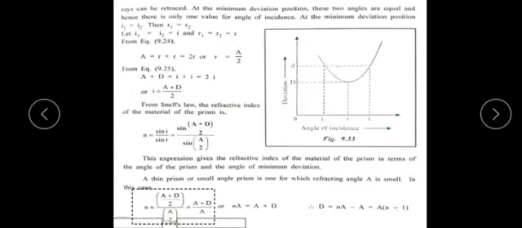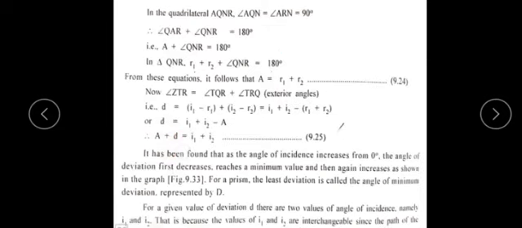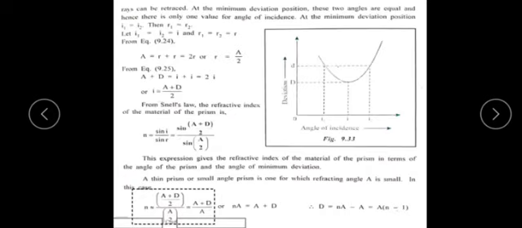In equation 9.25, A plus D, but here I1 is equal to I2, which is equal to I. This is possible when the angle of deviation is capital D. Hence, instead of small d, we took capital D in equation 9.25. So A plus D is equal to I plus I, that is 2I. Then I is equal to A plus D divided by 2.